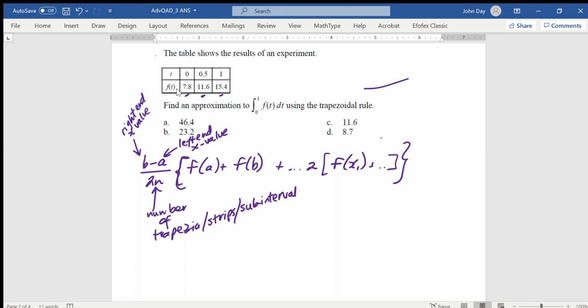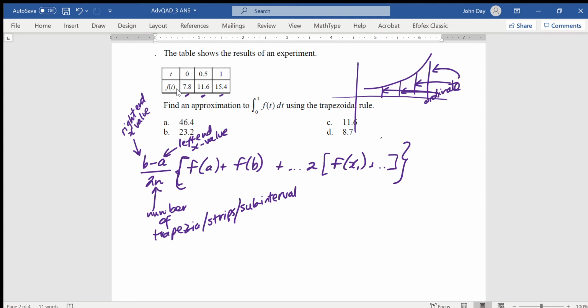If you have a picture with axes and lines going up, they're our ordinates, right? An ordinate is the line going up. We don't want the number of ordinates because there's always going to be one more ordinate than there are trapezia or strips or subintervals.